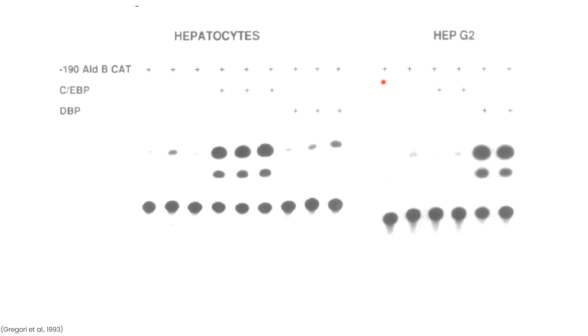So our CEBP line is here, our DBP line is here. So we're going to focus on these results mainly. Okay. So in our Hep G2 cells, CEBP had little effect on the aldolase B promoter activity, while the DBP was able to activate the promoter much more effectively.